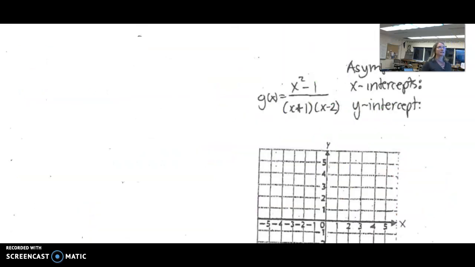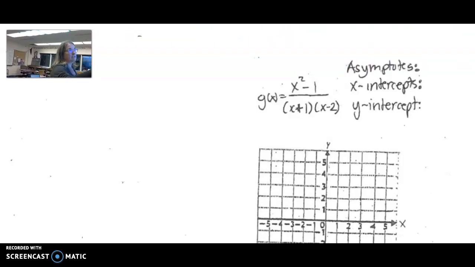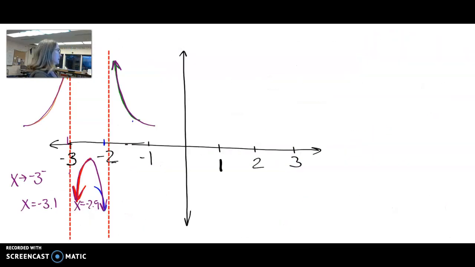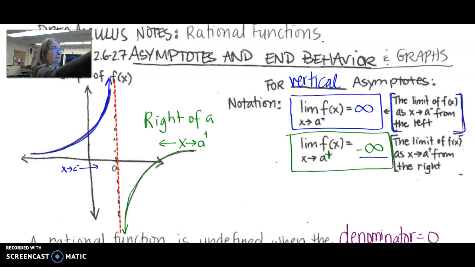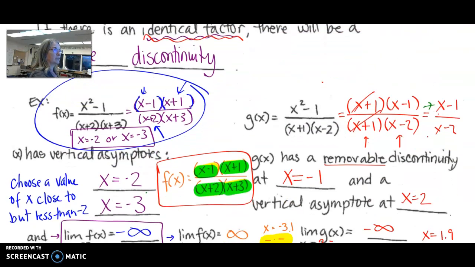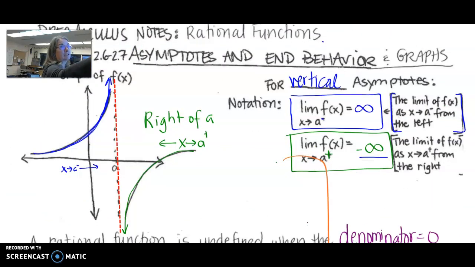Okay, the next example, the one on the right, I want you guys to try to do the same thing. Recall that we already found our asymptotes and our behavior near the asymptotes previously in the notes. You can do it again if you think you need the practice. But we determined, after factoring, that we had a removable discontinuity, which I haven't talked about yet.